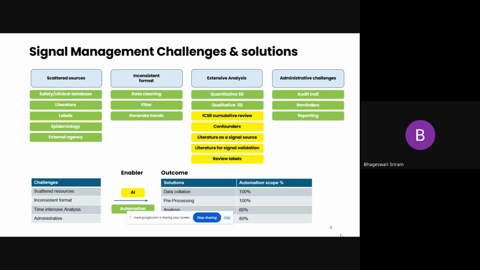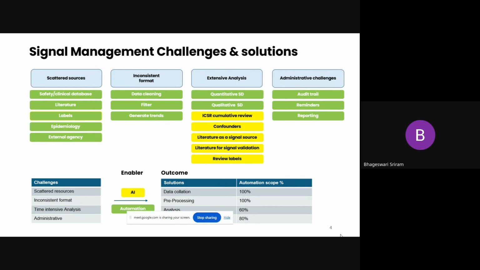And Dr. Shiva also highlighted that this SRS is not enough. We also need the EHR, how use of electronic health records moved from delay to discovery, right? So that's your additional source.